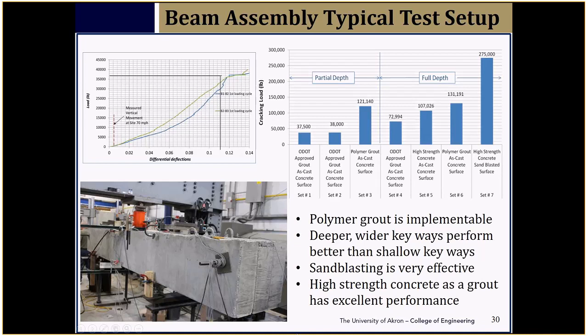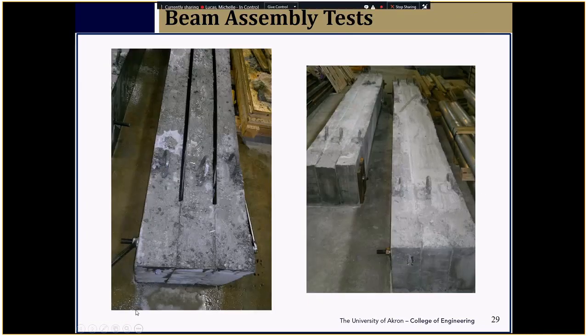The tie rod is snug tightened, and we use a torque wrench to make sure we have exactly the tie force comparable with the 15 kip tie force we use in the field.